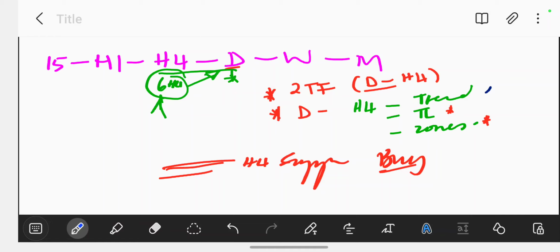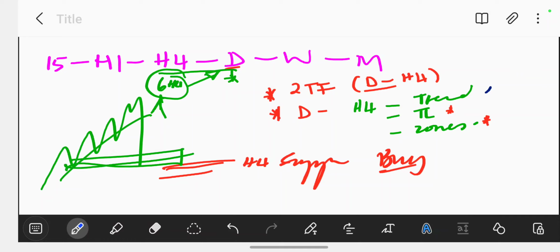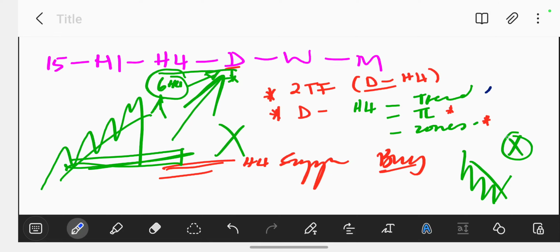Remember, once a trend line is broken on any time frame, you're not welcome to take trades on that time frame. For instance, if we're going up on H4 and then we break the trend line, even though you have a nice support here, we cannot take that trade to the upside if the bullish trend line is not holding. The opposite goes for selling. If we're going down and then we break the trend line, we are no longer allowed to sell on this time frame.